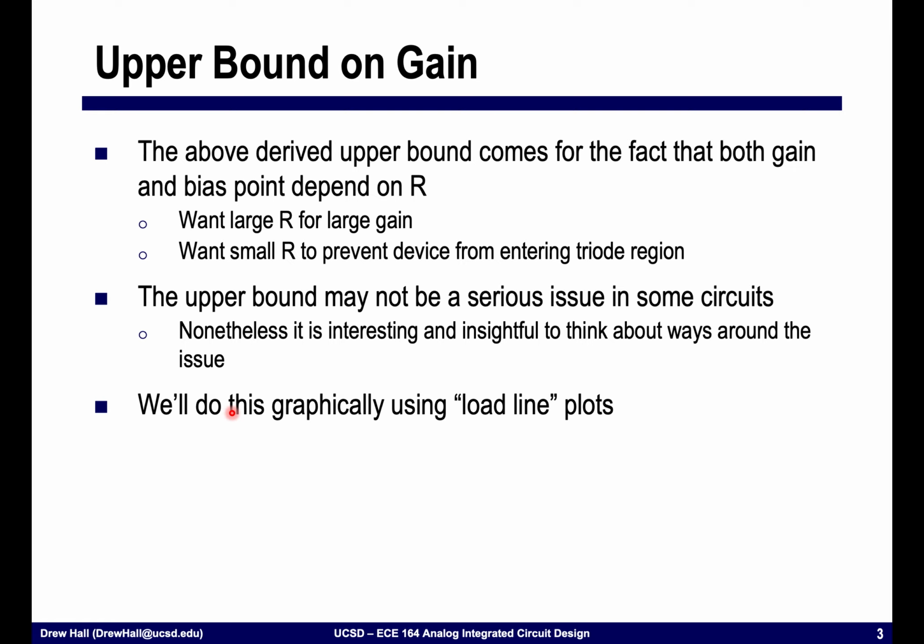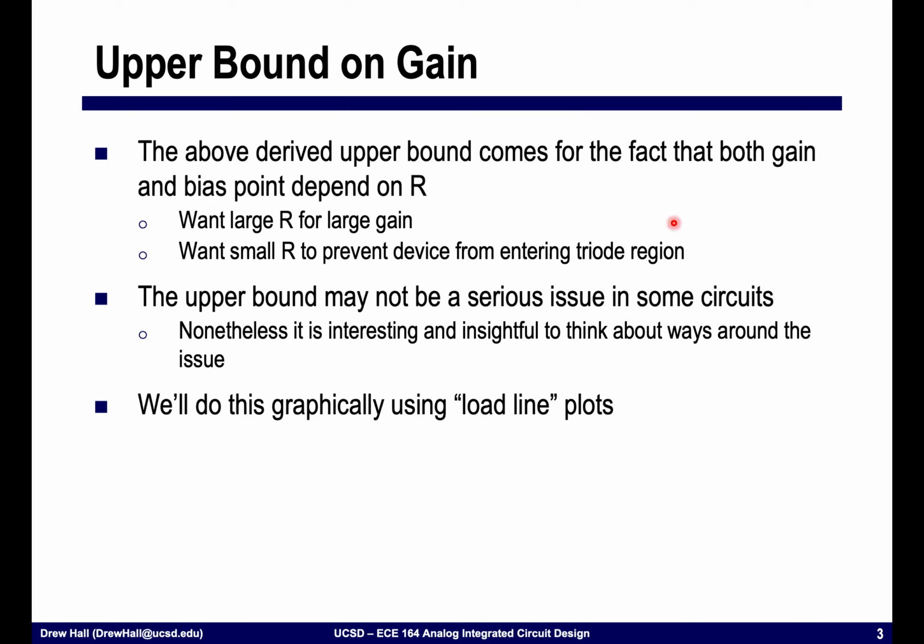Really where this upper bound came from was the fact that both the small signal gain and the DC biasing were dependent on that resistor, that R value. And these have somewhat conflicting arguments. I want a large resistance in order to increase the gain, yet I want a small resistance to make sure that the device is still in saturation and that it's not getting pushed into triode.